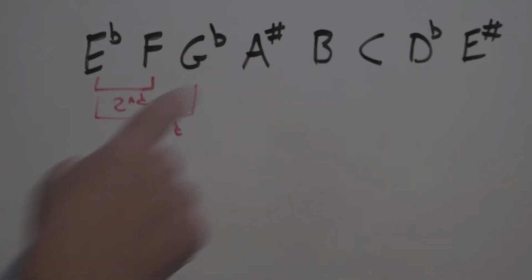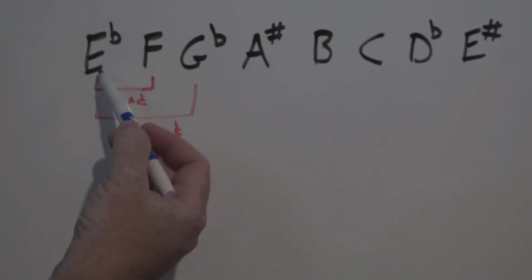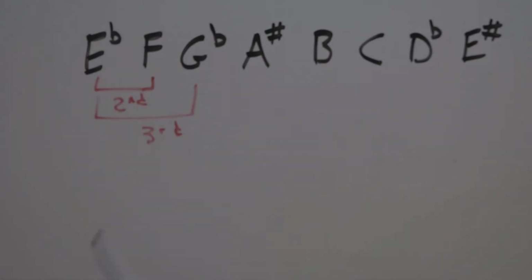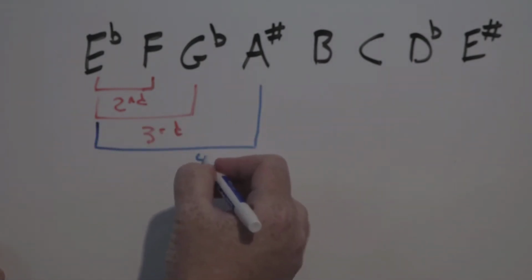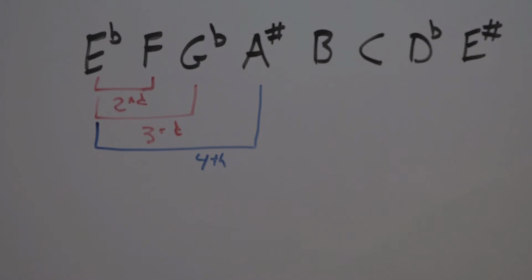And E flat to A sharp. That will eventually be a very difficult interval to figure out in terms of interval quality. But all we want right now is interval size. So anytime we have some kind of E to some kind of A, that will always be a fourth.